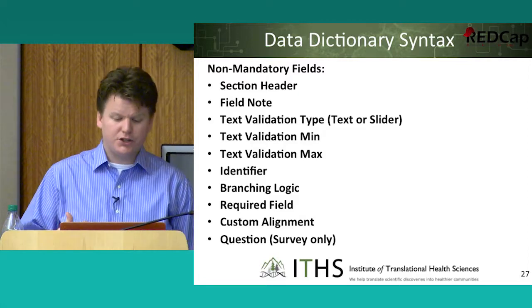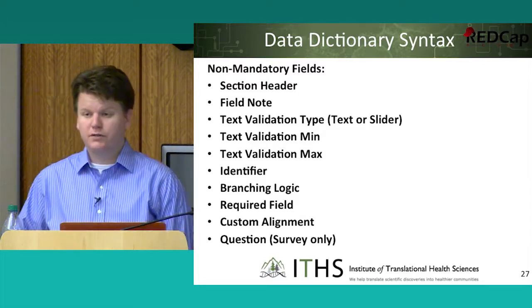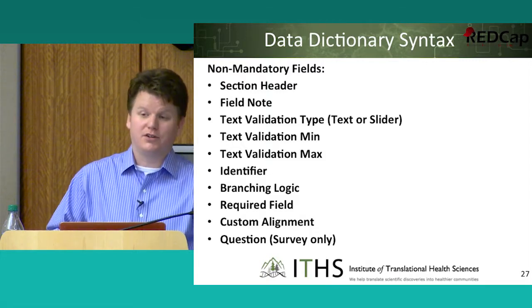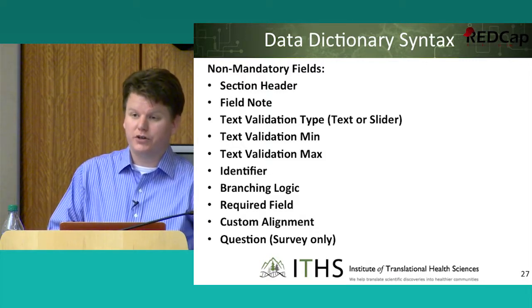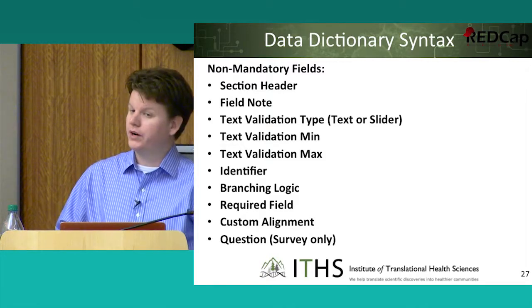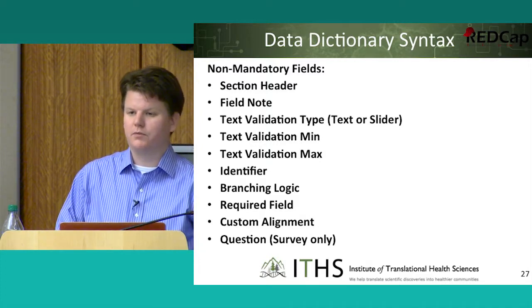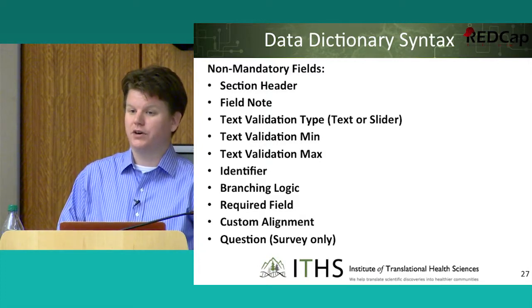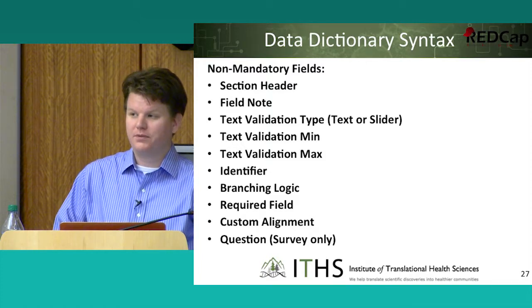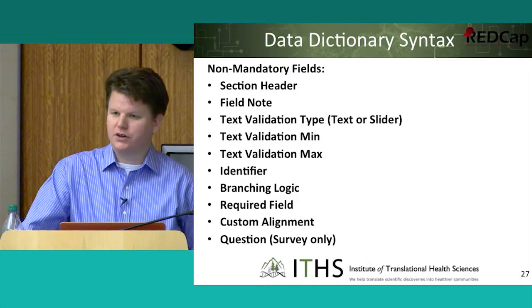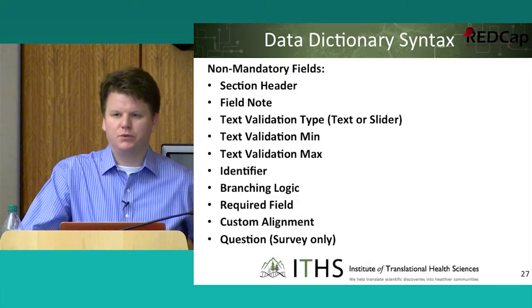And then finally, question. This is only relevant for surveys. If a particular form is a survey and it has a lot of branching logic, the auto numbering doesn't work that well, specifically because it just keeps on numbering based on variables. So you could jump from question 6 to question 12 to question 18, all in the same sequence, because branching logic hides some of the questions in between.